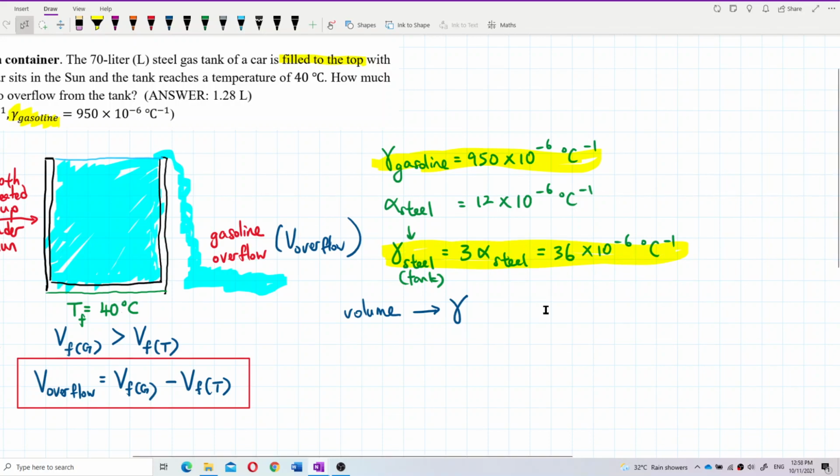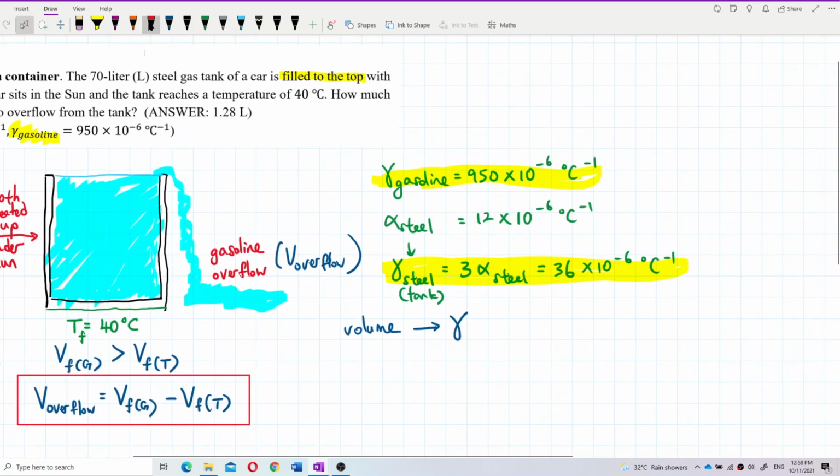If you compare the values for gasoline and for steel, both have the same exponent of -6. But if you look carefully, the gamma for the steel tank is only 36, but the gasoline is 950. Wow! That's why the gasoline can overflow, because the gamma for gasoline is bigger than the gamma for the steel tank.